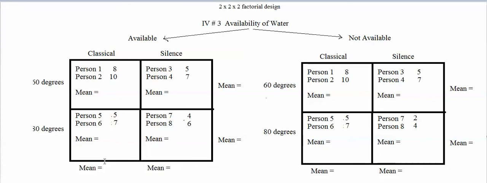The cell means and marginal means can be calculated the same way you did before. But in a three-way factorial design, meaning three independent variables, there's a new type of result that couldn't be found before, and it's called a three-way interaction.